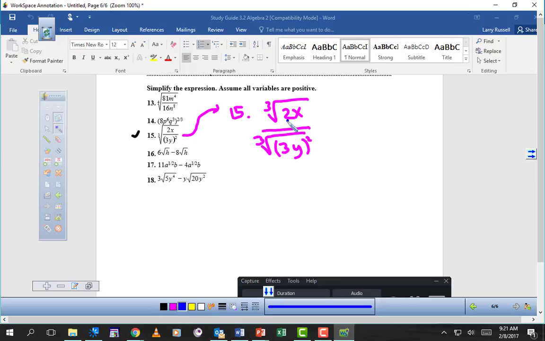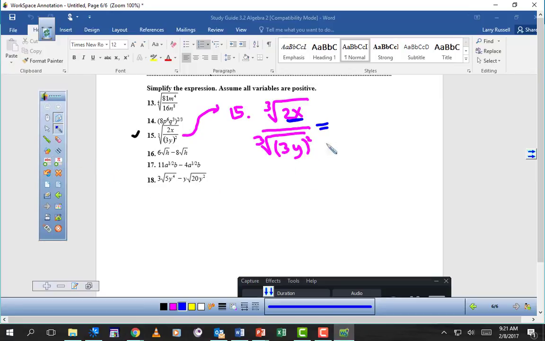Now when I'm considering the numerator, I don't see any perfect cubes up here to simplify. My guess is that they'll probably stay the same here. But notice this denominator. We want to get rid of the cube root in the denominator. And it's too bad that this is not a 3, because if this were a 3, it would cancel off, right? That gives you the clue what to do here.